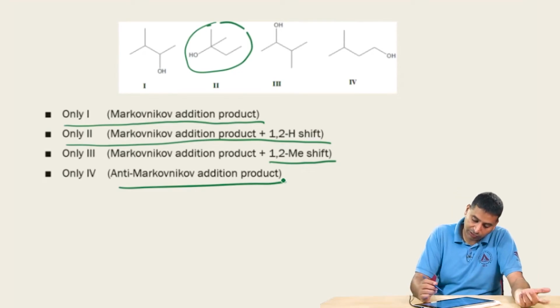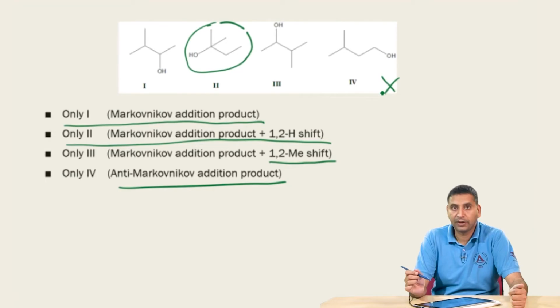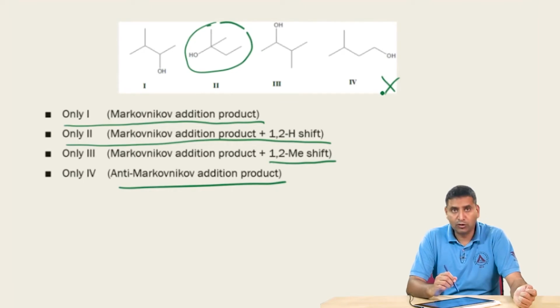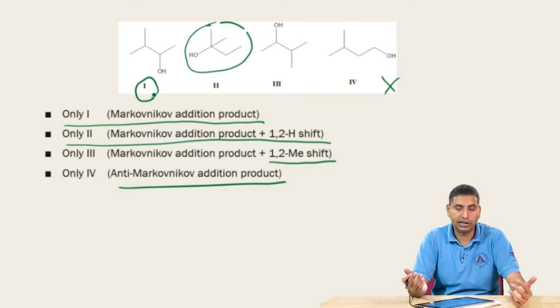Okay. So this, I would argue, would be a minor product at best, if it is formed at all. So therefore, this will not be the major product. Now, we also ruled out product 1 because it could be a reversible reaction and eventually it will form the more stable carbocation.